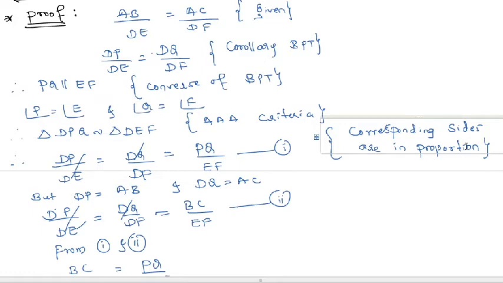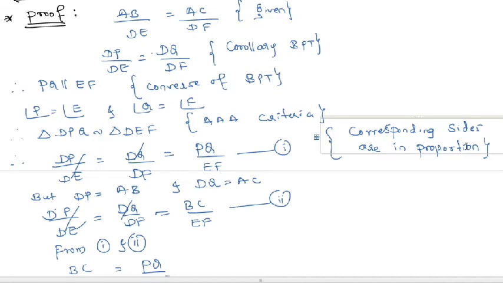For similar triangles, we can write DP by DE is equal to DQ by DF is equal to PQ by EF. Call this equation number 1. But DP is equal to AB and DQ is equal to AC by construction. Now we can write DP by DE is equal to DQ by DF is equal to BC by EF. Call this equation number 2.